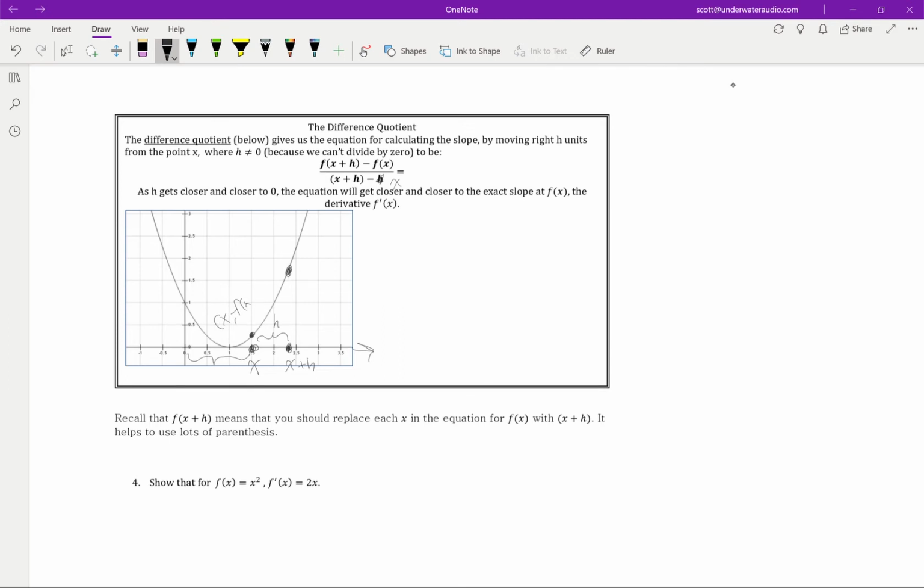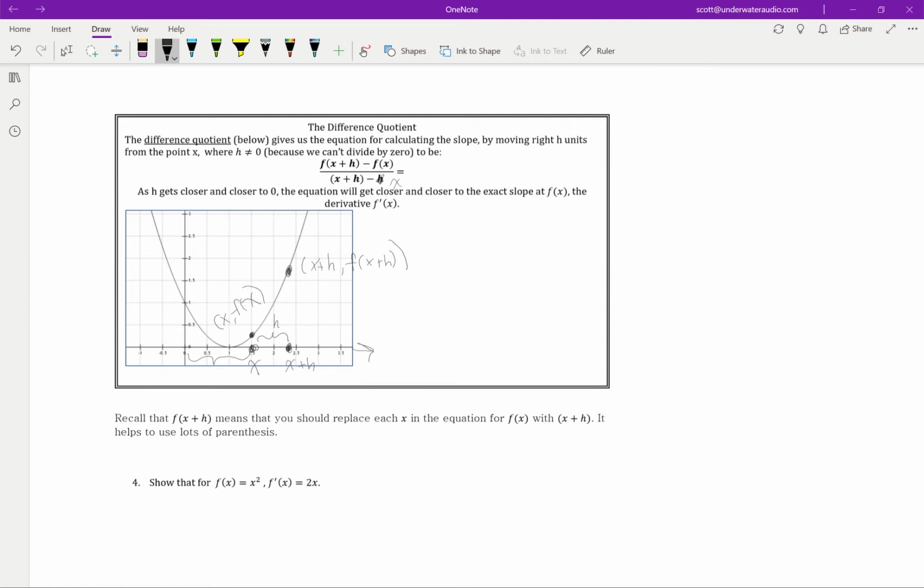A lot of times people think of f of x as meaning y, which is pretty close to what it is. Then this point up here, the x coordinate is x plus h. And the y coordinate, we would just plug into the function, so that would be f of x plus h. Okay, so again, think about if this makes sense to you. If it doesn't, ask about it on the discussion board.